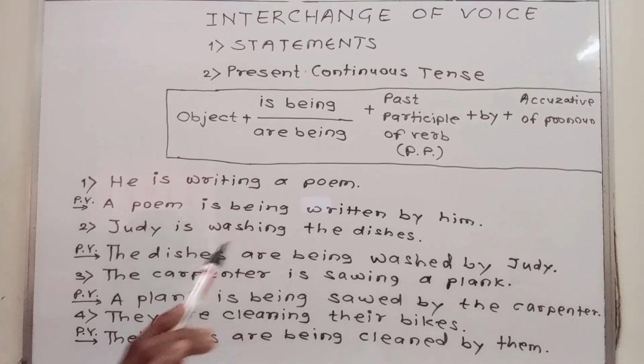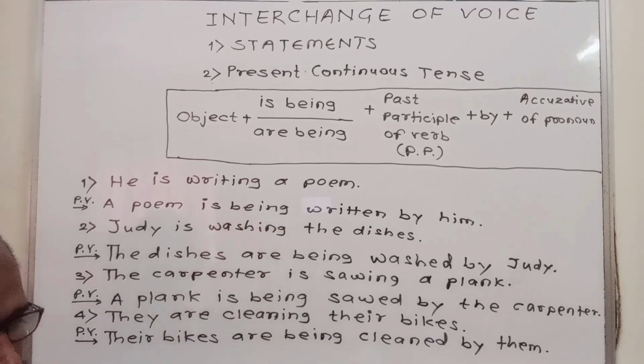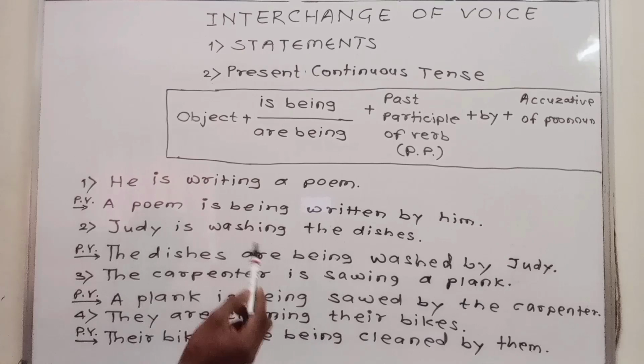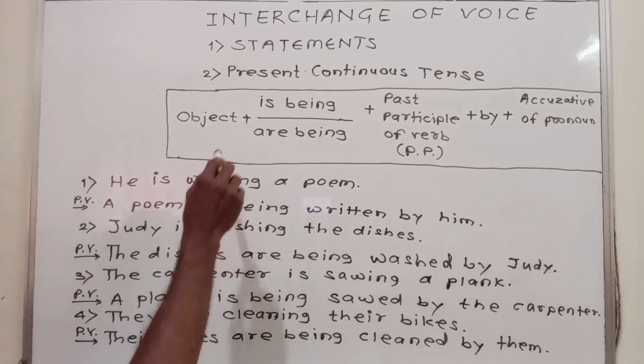We eliminate that from our main verb. Did you get it? So we write here that suffix ing to be. Being, is being, are being, like that. Did you get it? Very, very simple ideas.